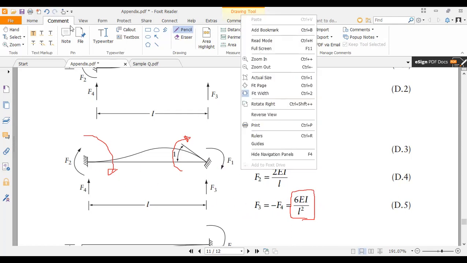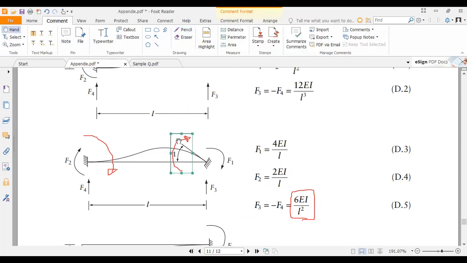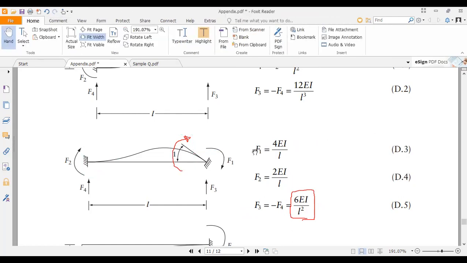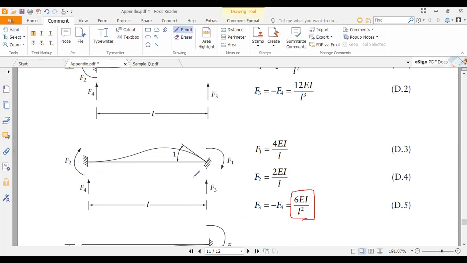So how to determine these directions, right? Can you see this one? Here we are trying to rotate this beam like this, right? So that means it should restrain it in this way to keep the original position back.